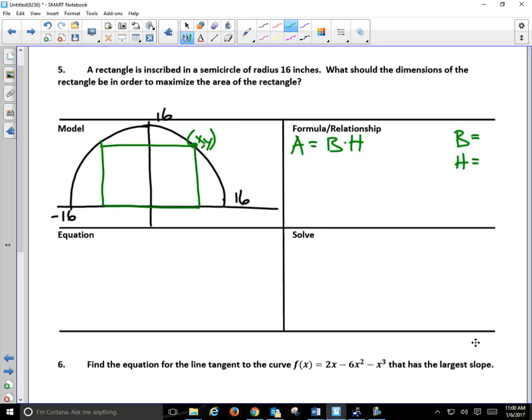Still 2x. So you see you have x0, negative x0, so therefore your base is 2x. Yes, your height is y, so area is equal to 2xy.